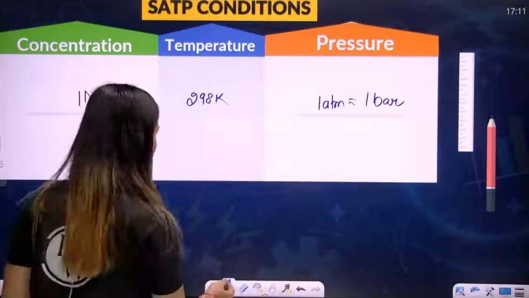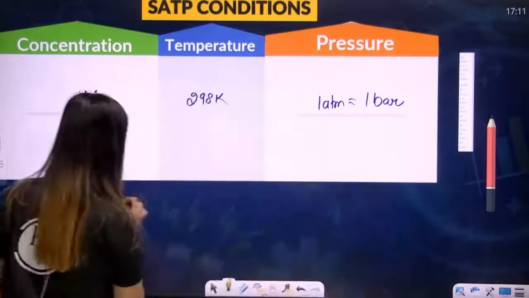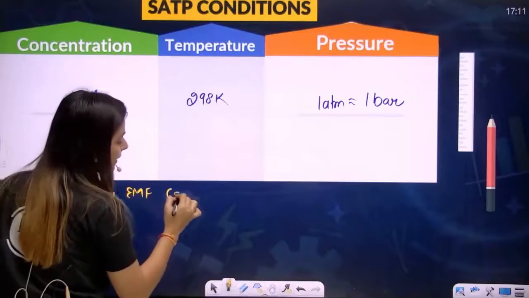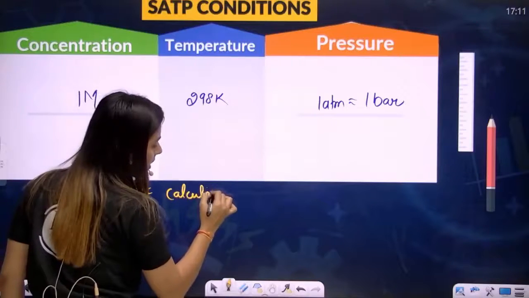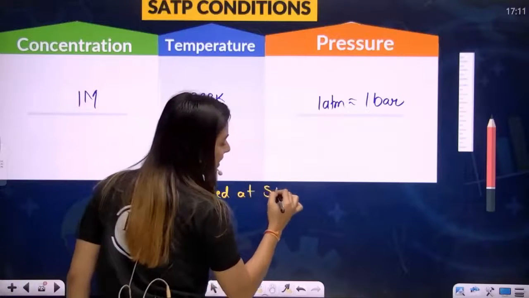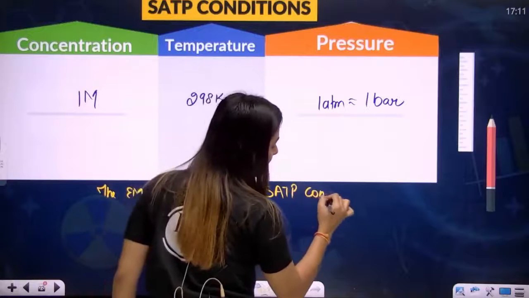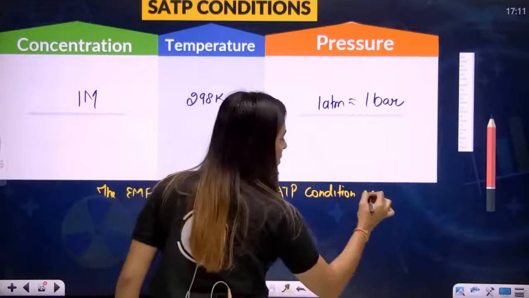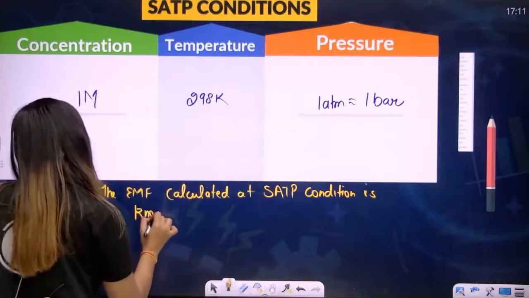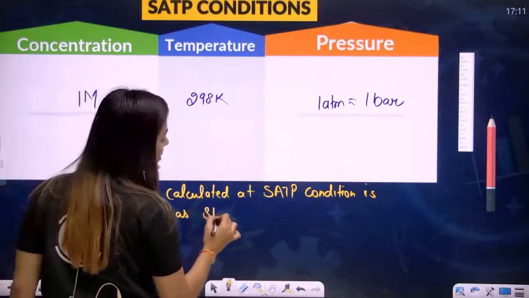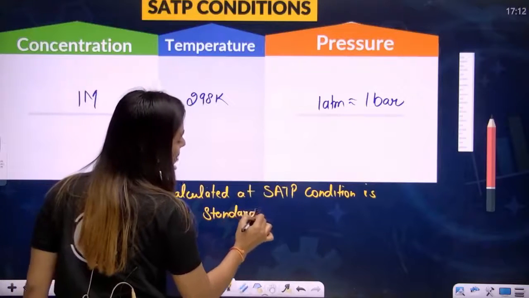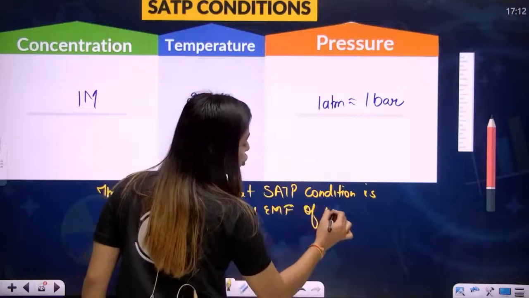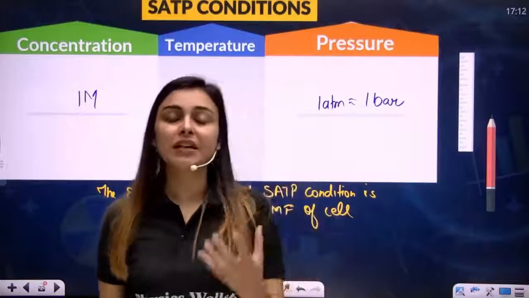And my dear students, the EMF calculated at these SATP conditions is known as the standard EMF of the cell. So for every cell, there will be a definite standard EMF.